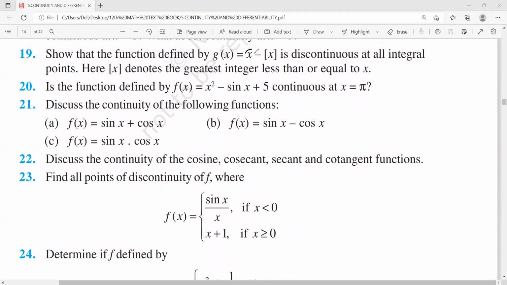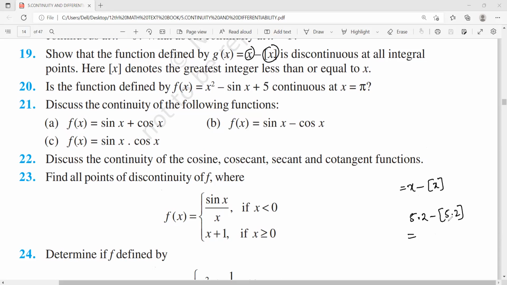Here this x is there, minus integral part. From x, if you subtract the integral part, you will get the fractional part. So x minus integral part will give you the fractional part. For example, 5.2 minus integral part of 5.2.